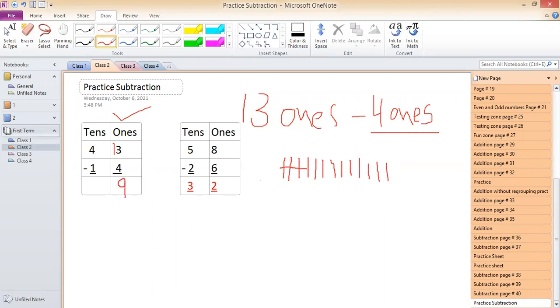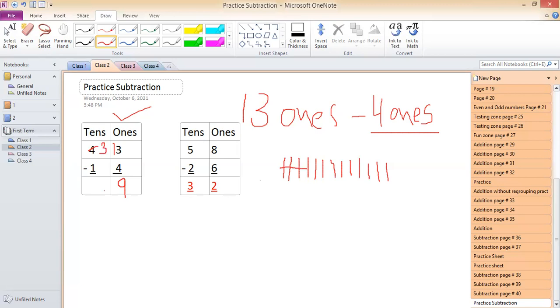Now subtract the tens. 4 tens become 3. Very good.